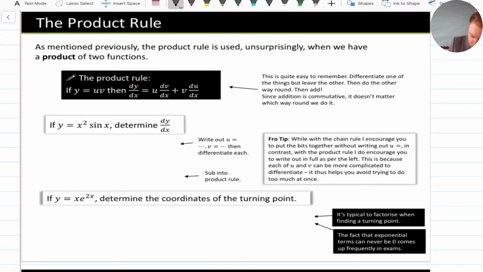Here we've got x squared times sine of x. So when you are doing these ones, you've got to use this formula: dy by dx is equal to u dv by dx plus v du by dx. This is the bit that's important.